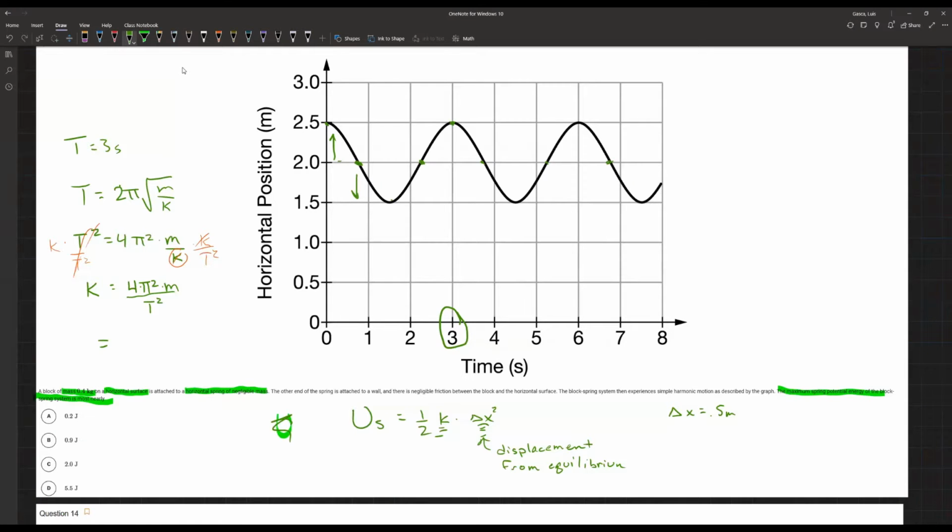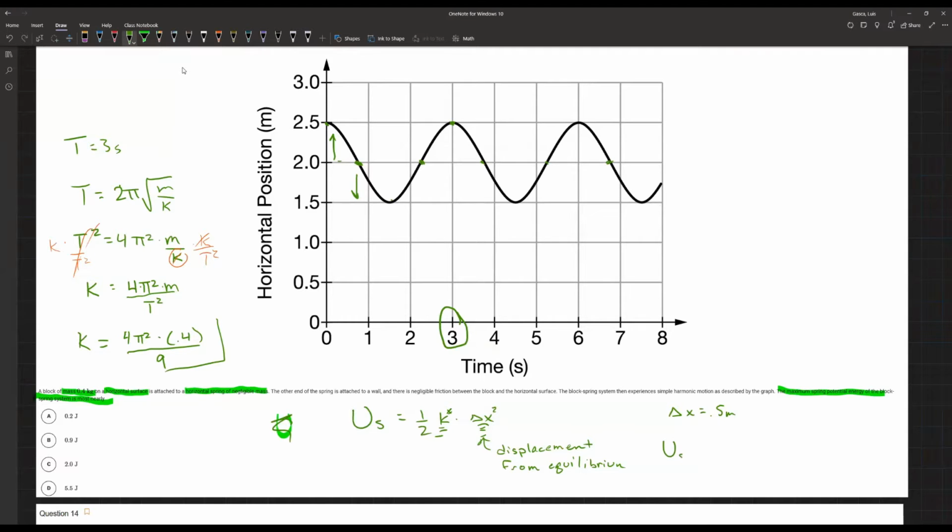So let's go ahead and plug in some numbers. So this becomes 4 pi squared, those are just numbers, times the mass, which is 0.4, all over 9. And so here's our spring constant. Well, we can go ahead and plug all this in over here.